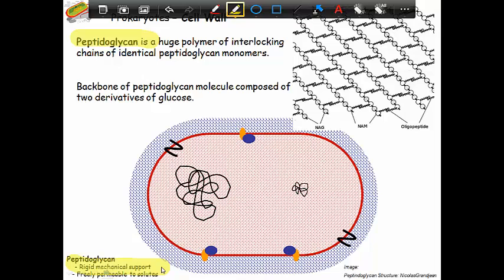It does allow molecules the cell needs to come into the cell and things the cell wants to send out to go out. In this diagram that I'm showing here, the peptidoglycan would be this area around the edge here. And then the red layer that's in there already is the cell membrane, or the plasma membrane.